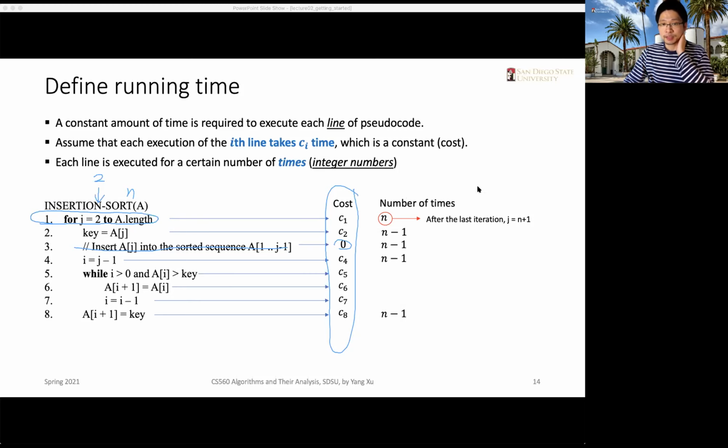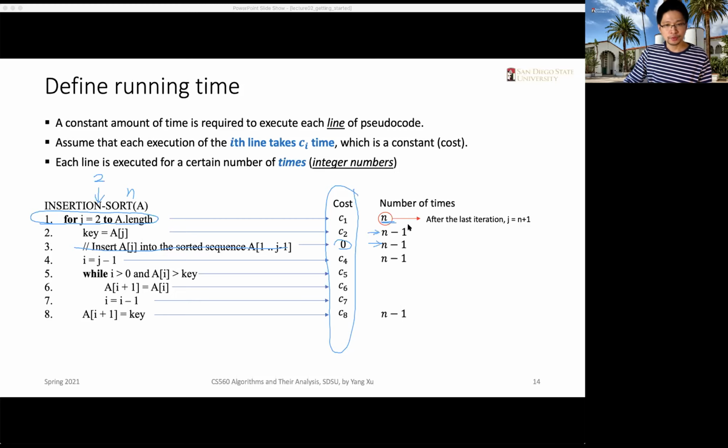But after the last iteration, j will increment by 1 again in order to break the loop. So the total number of executions is n, but not n minus 1. But for the other code within the body of the for loop, the number of execution times is n minus 1.